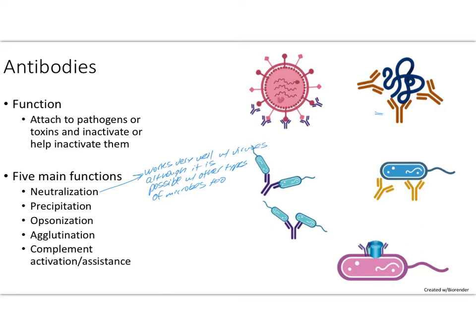It's floating through the body, either in our blood or our plasma or interstitial fluid. There are various different types of body fluids. And what precipitation does is these relatively large antibodies will stick to that toxin or to that protein and make it so that it is not soluble anymore.